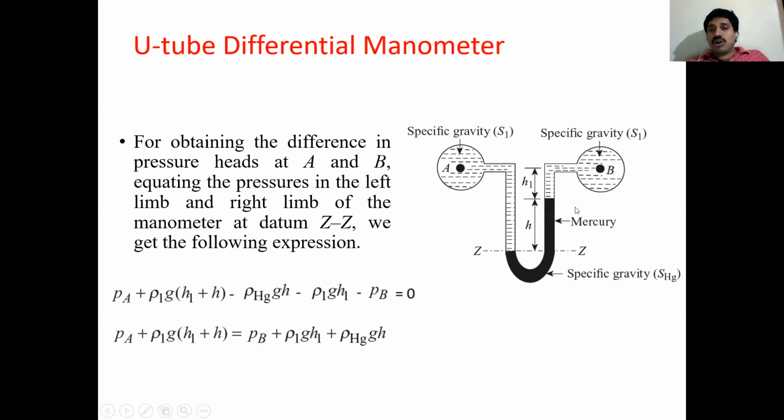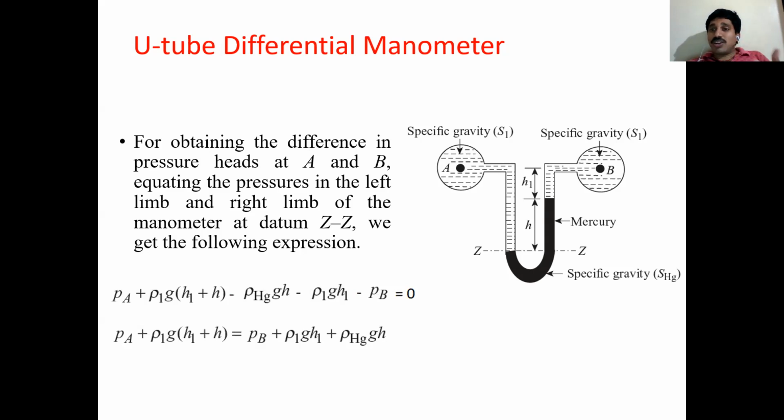See all of you, now we have reached this level, the mercury level on the right limb. Over that I have a liquid which is connected to pipeline B. So the head of that liquid to reach point B is H1. So H1 is the head, the density of the particular liquid is rho 1, g is the gravitational constant. So head means we are going towards upward, upward means minus rho 1 g H1.